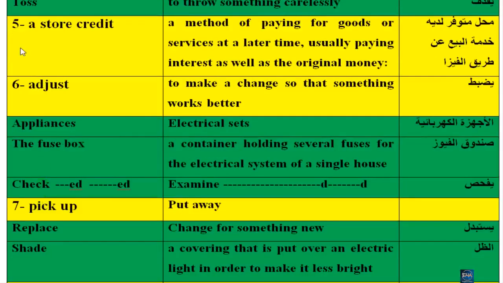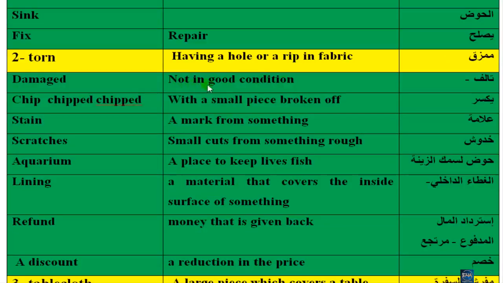5. Words of exercise number 5. Not in good condition. Not in, T soft D. Chipped. This is the past and this is the past participle. Chip, chipped.